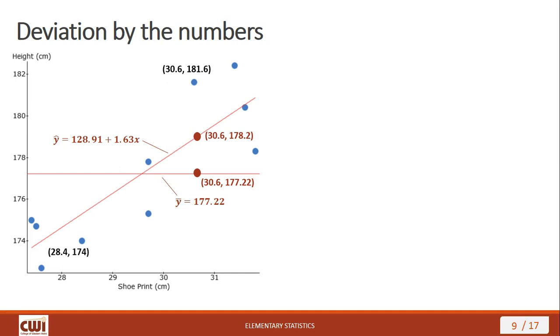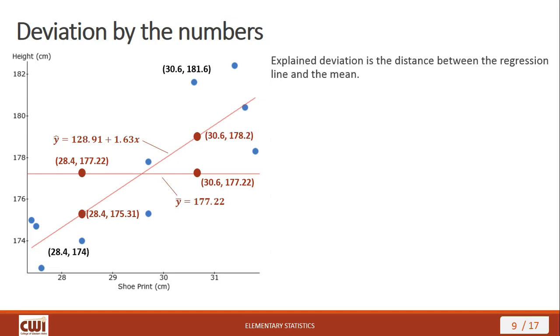So now we can do the same thing with the second data point that we saw earlier. Its corresponding point on the regression line is shown here. The corresponding point on the mean line is shown here. So now I've got all the values I need to calculate the differences for my deviation. Remember, explained deviation is the distance between the regression line and the mean. So for the first data point, that's going to give me 0.98.